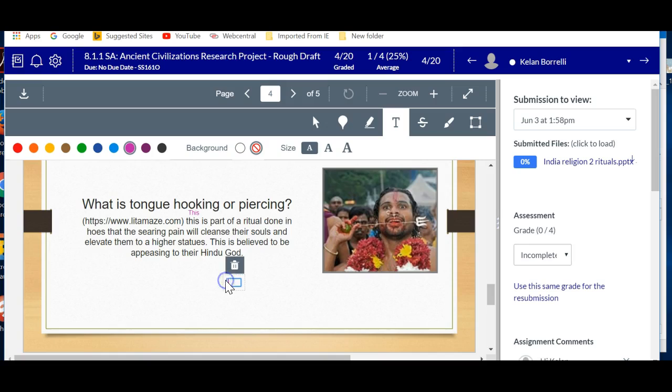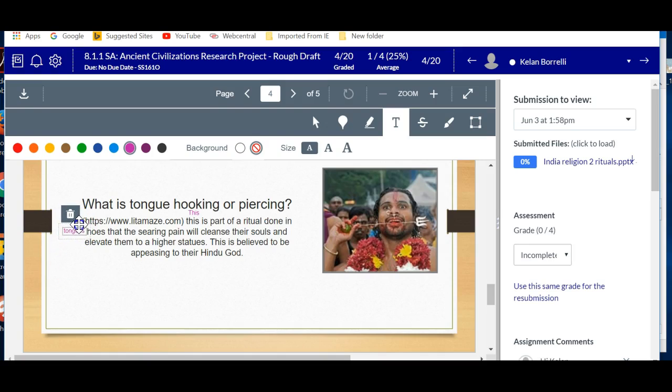This is part of a ritual done in, I'm not sure, this says hose. Did you mean tongues? This is part of a ritual done in tongues that the searing pain will cleanse their souls and elevate them to a higher status. So I think you want to write the word tongues here.